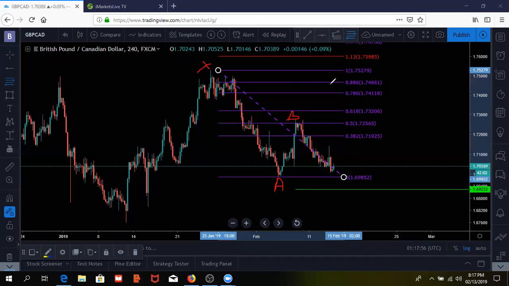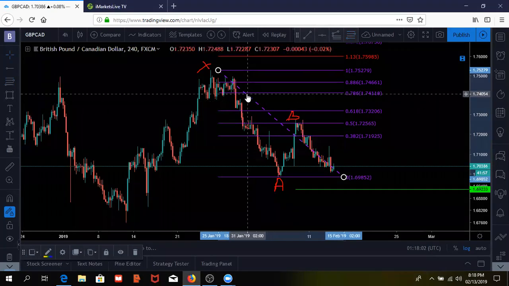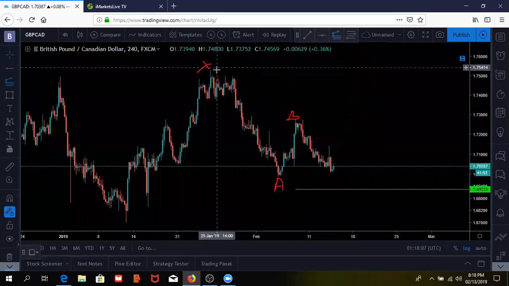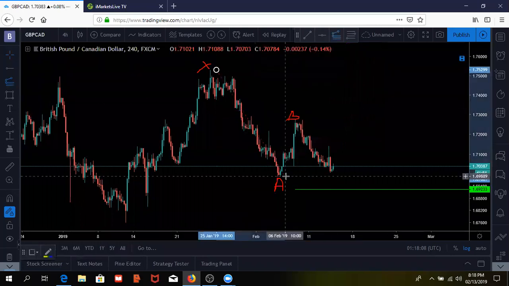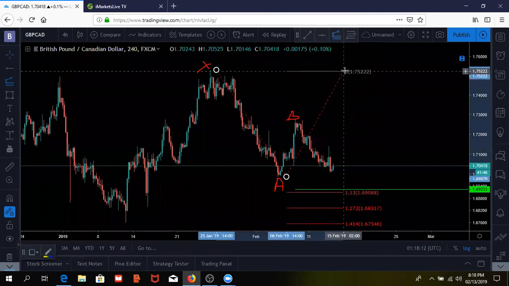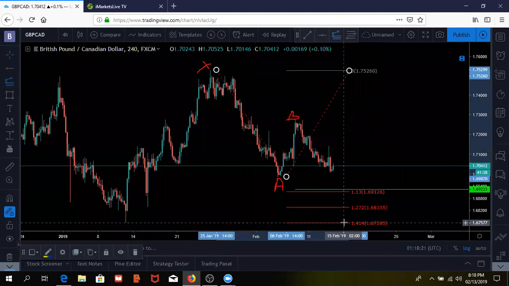Now, if price decides to push to the downside, I take my Fibonacci extension. Let's see what we get. XA all the way back up to X to get that extension move to the downside. We could see price push right back here at this 1.272 level through the 1.414 level.